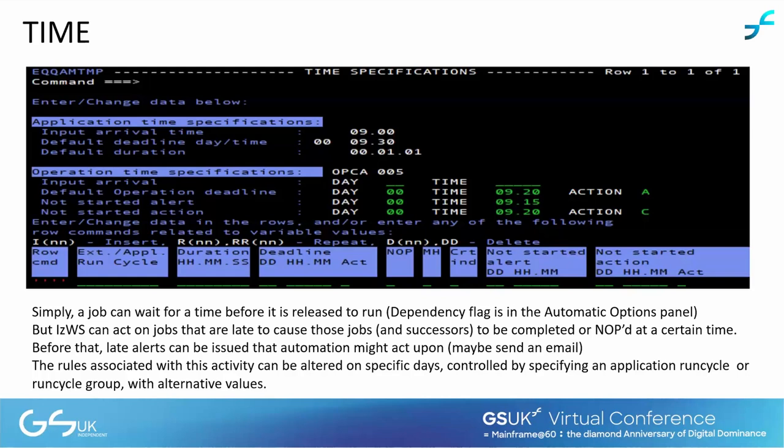You can also say that on those particular ones you're going to knock it or manually hold it, or you can have a different criticality indicator. Okay? And you can also change what time your not started alert or your not started action takes place, because maybe if it's the first day of the month, you're still doing all your end of month processing, the times when things should have run by will be different, and so you don't want to take action quite as early as you would have done previously.